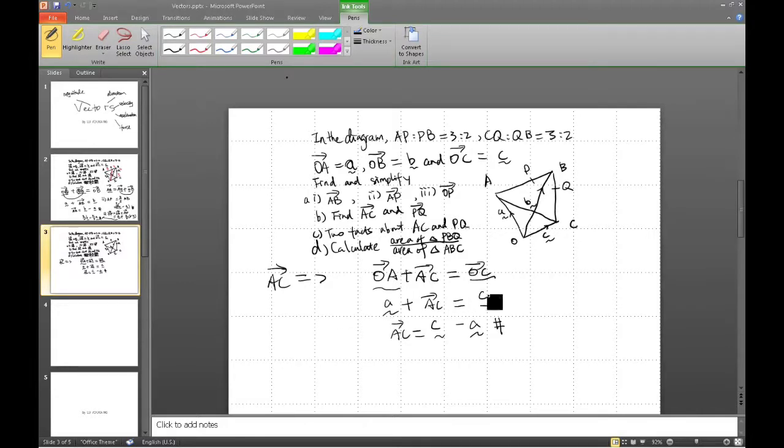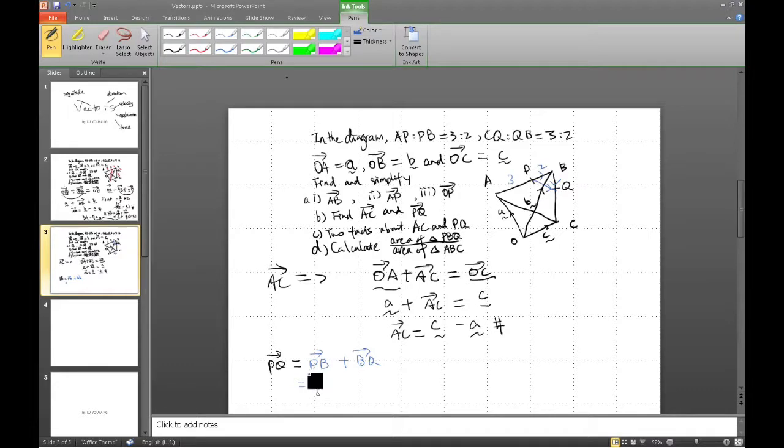Let's take a look at PQ. Where is PQ? Let's form an equation involving PQ. Let's link them up, and PQ should be in this direction. So PQ is nothing but PB plus BQ. How do we find PB?